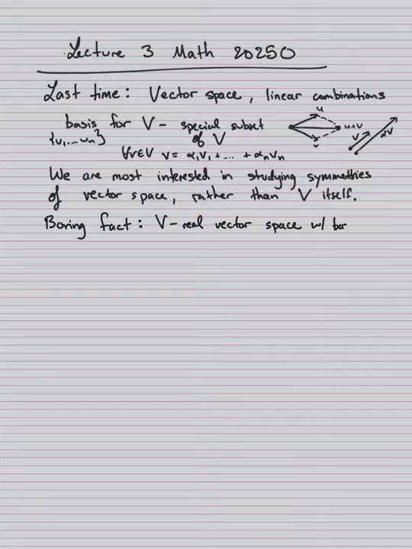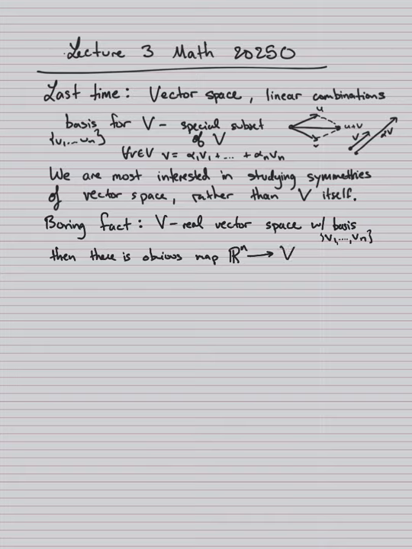I'm assuming it's finite dimensional, which just means that this basis is a finite set. So I have a basis v1 through vn. Then there is an obvious map from Rn, just because I chose it to be a real vector space, to V.